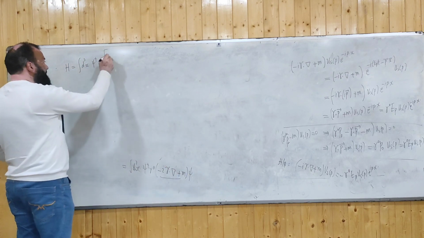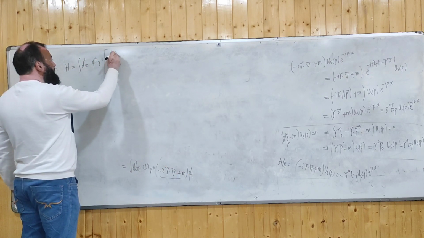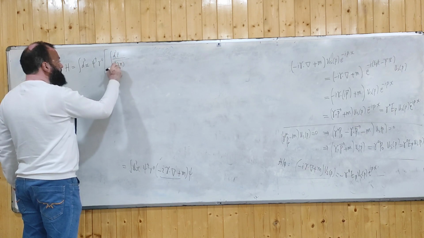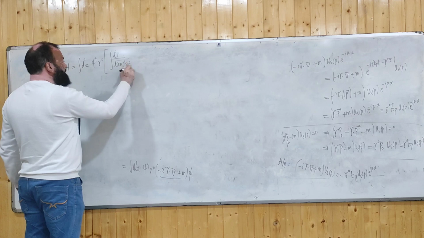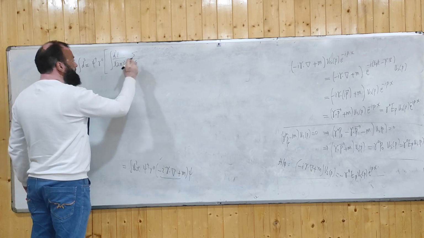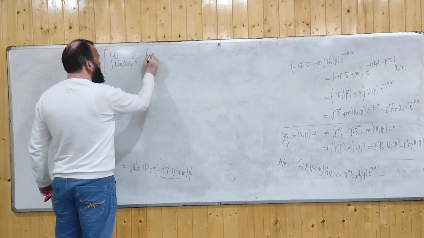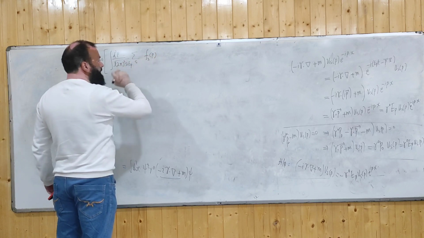So let me write it this way: integral d^3p divided by root of (2π)^3 twice E_p, sum over s, f_s(p), clear?